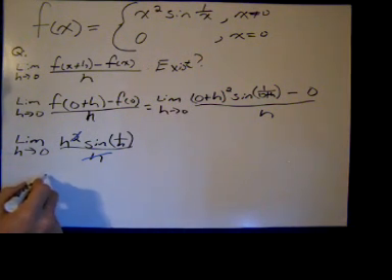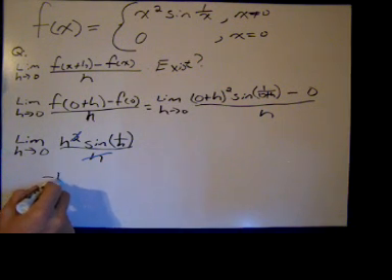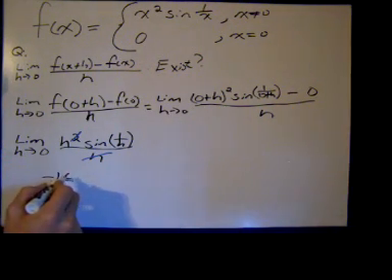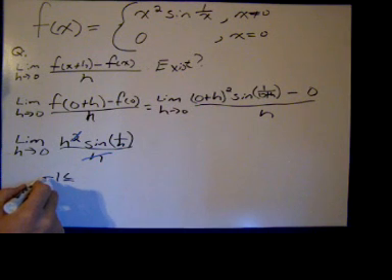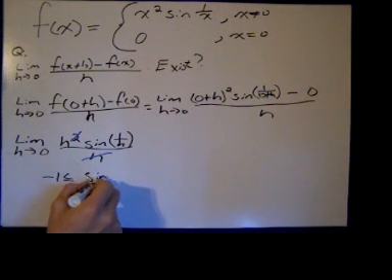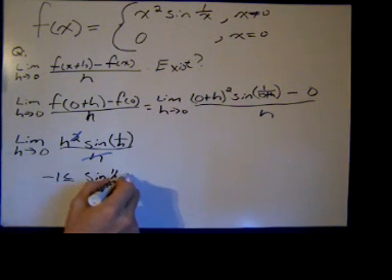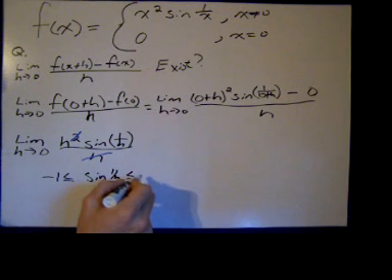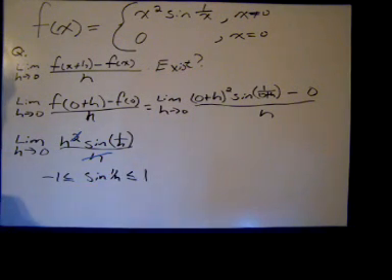And if you'll remember, the way we do that is we say that on its domain, which is all real numbers except 0 in this case, the sine of 1 over h is always between 1 and -1. This is a true statement.